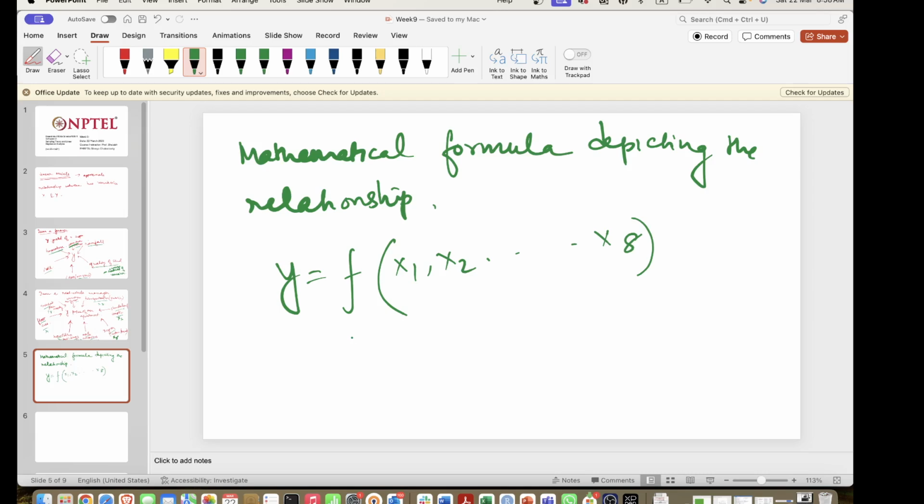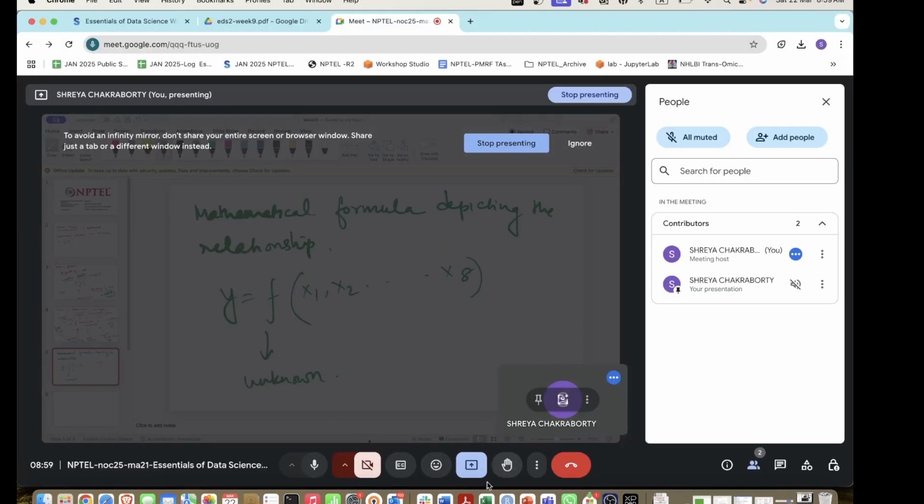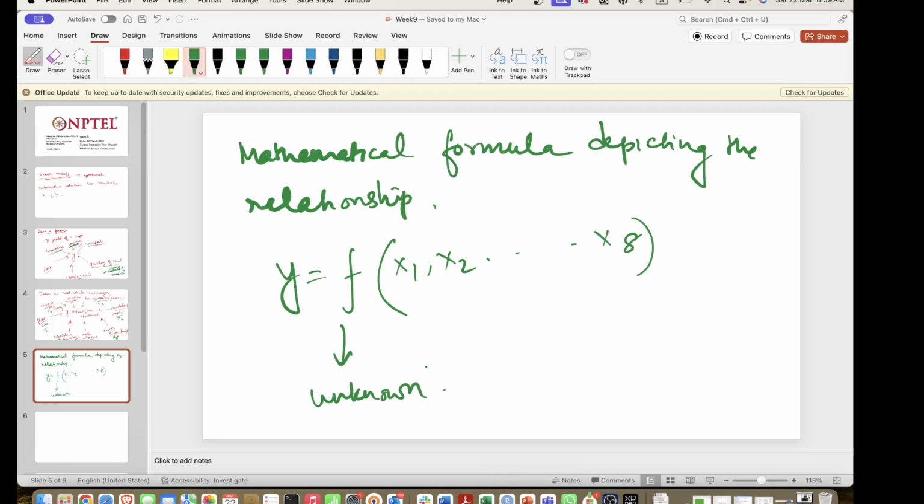now this f is actually unknown. We don't know what the functional form of this is. Okay, so if f is known, or if we can somehow guess what f could be, then we can say we are able to quantify the relationship between x's and the y variable.